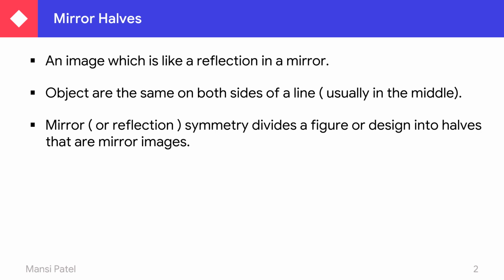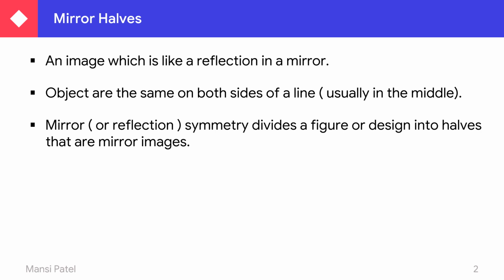If we want to complete any figure, or see how many parts it has, we have to draw mirror halls, or we can say we have to draw reflection symmetry. With the help of this line of symmetry, we can divide any figure into two or more than two parts.